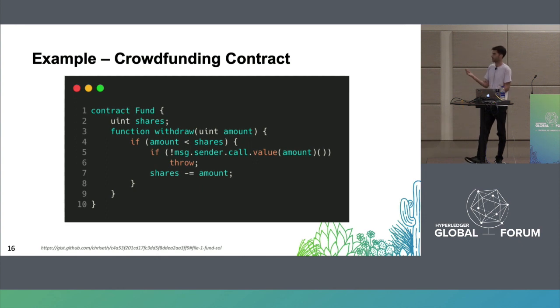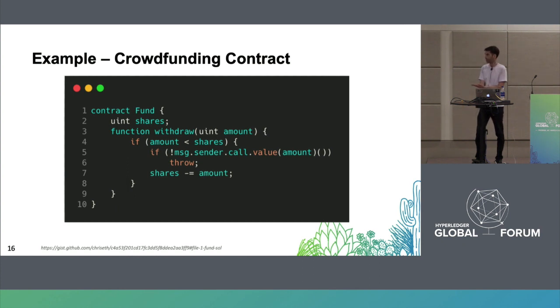And then we just have a withdraw function that lets a user withdraw some of the shares out of their account. Obviously, on line 4, there's a simple check to make sure they're not drawing out too much, then withdrawing the money, and then on line 7, it updates the shares to the new amount, subtracting what the user has withdrawn out of the fund.